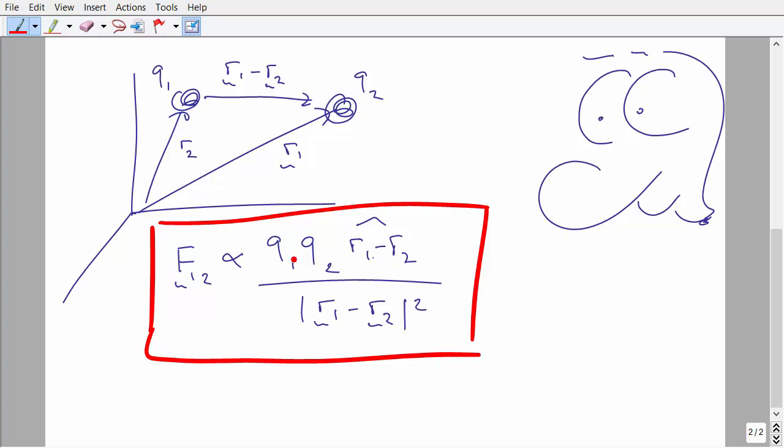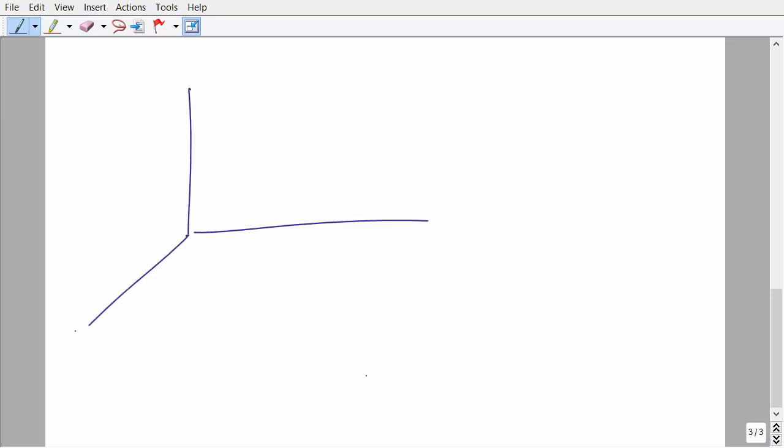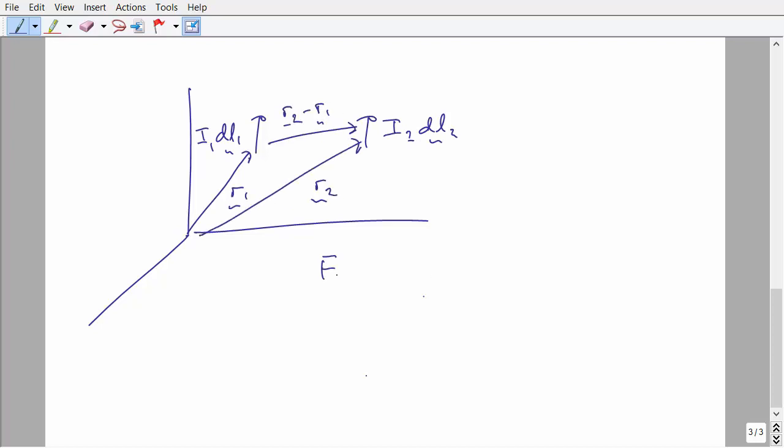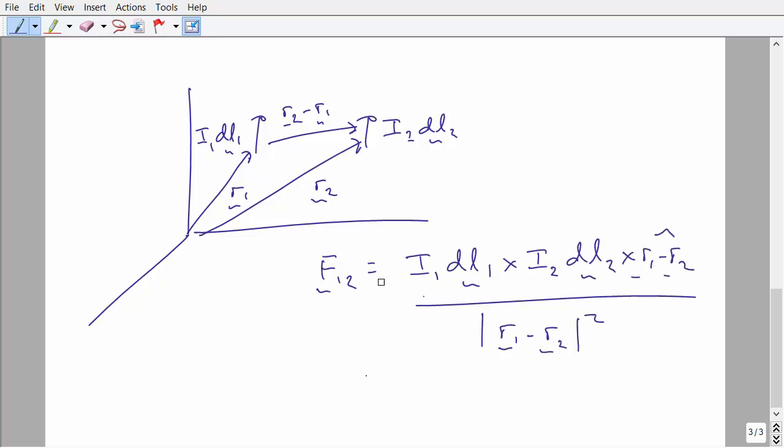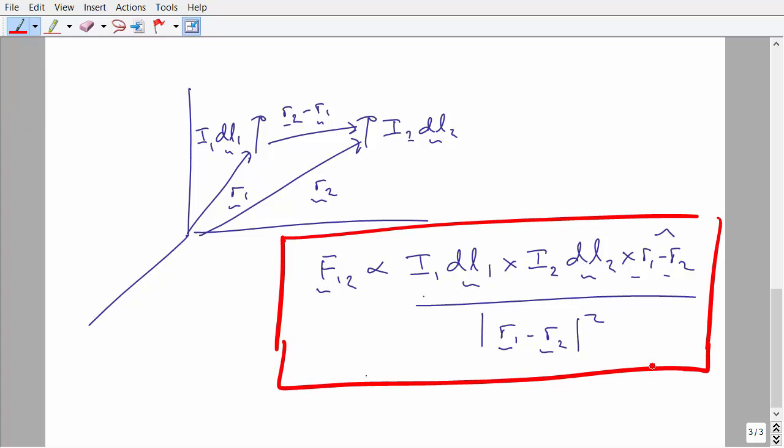Similarly, when we went to magnetostatics, we developed all of magnetostatics on the following experiment. In magnetostatics, we looked at two current elements, this one here, I1 dl1, and this one here, I2 dl2, and the force of one current element on the other was given by this relationship.